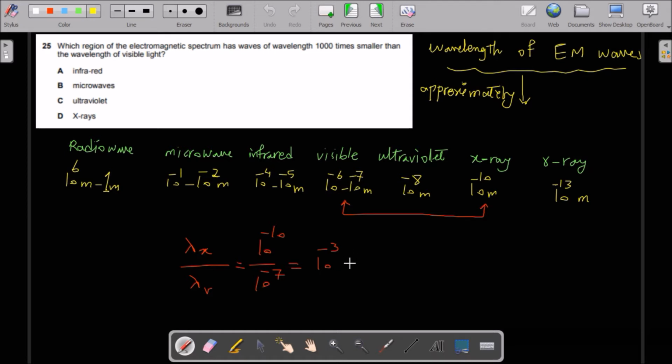So it means that the wavelength of X-ray is 1000 times smaller than the wavelength of visible light. That's why D is right. Question 25, D is right.